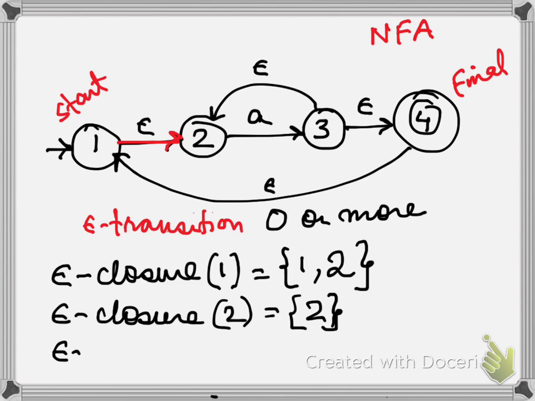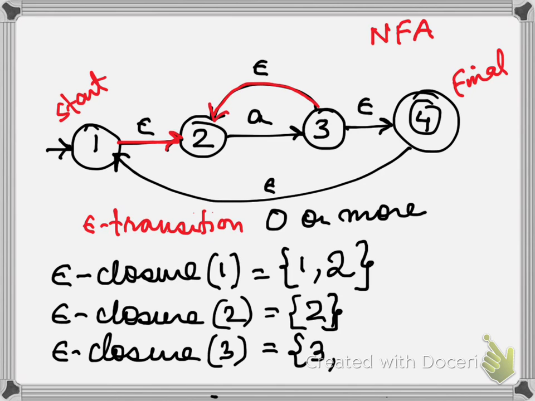For state 3, 3 is included itself. From the diagram, from 3 on epsilon we can go to 2, and from 3 on epsilon we can go to 4. So the states 2 and 4 are reachable from 3, and the epsilon closure of 3 is {2, 3, 4}.